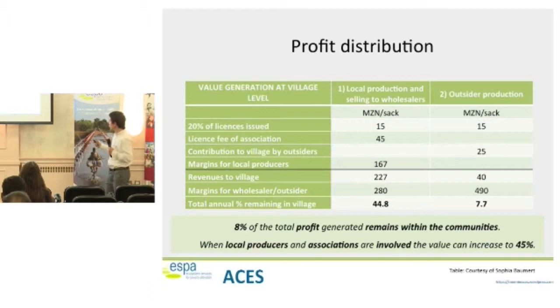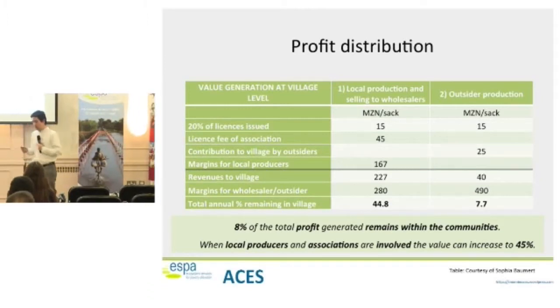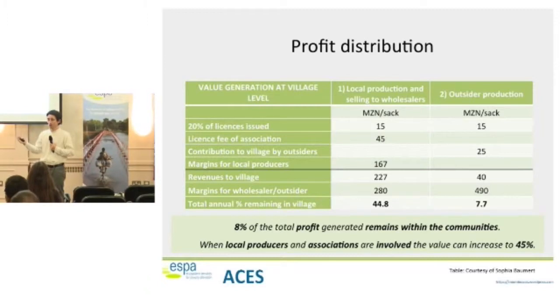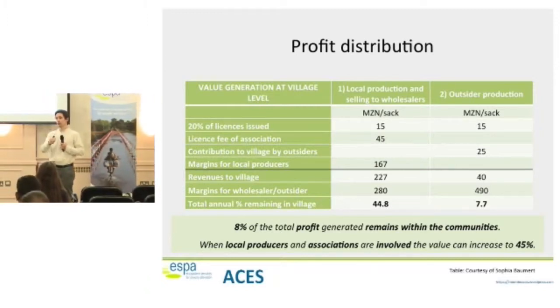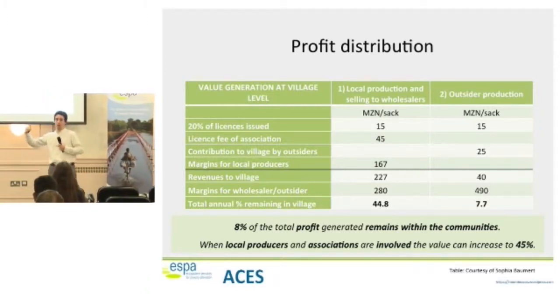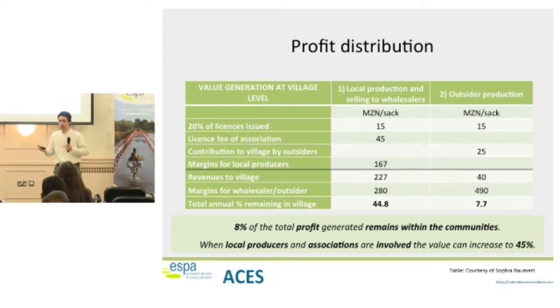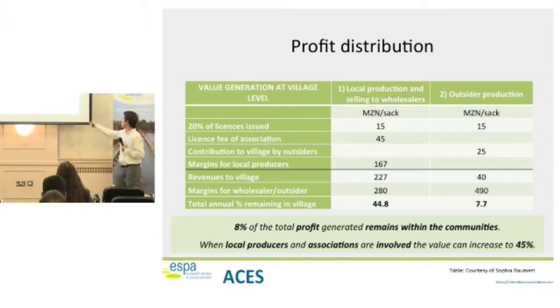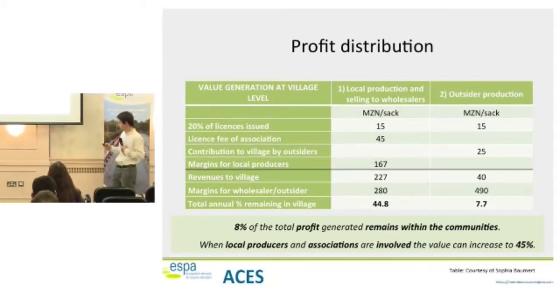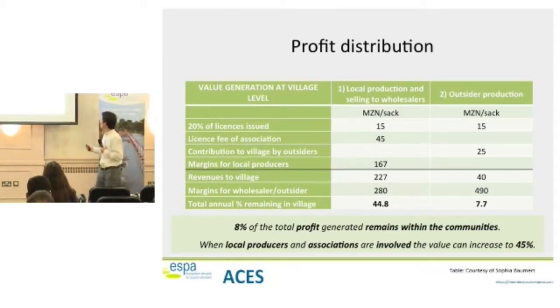This makes us think about what benefit the villagers obtain from charcoal. If the degradation of the forest could benefit them a lot, then maybe it could be a good reason for the degradation of the forest. But if most of the benefits are going out, then the benefits are not so high.